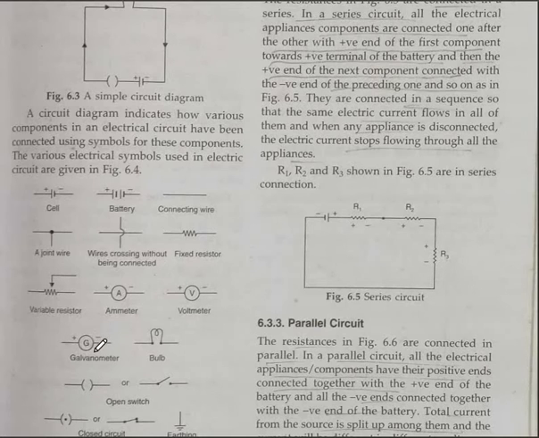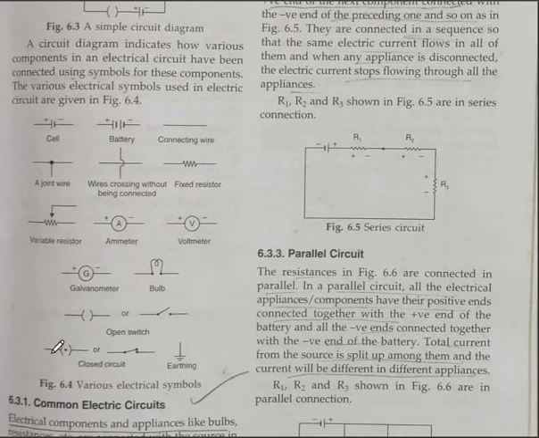This is another device, galvanometer, which can help us detect whether current is flowing through the conducting wire or not. This is a symbol of bulb or lamp. This is open switch. This is closed switch or closed circuit. This is for earthing. These are the respective symbols which we will be using while making circuit diagrams.